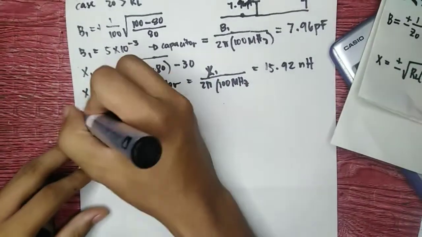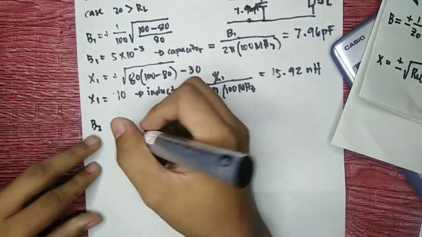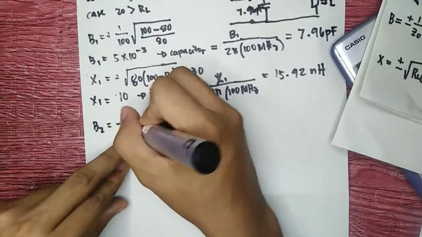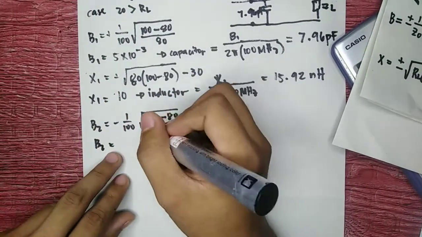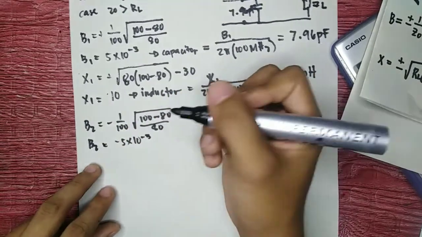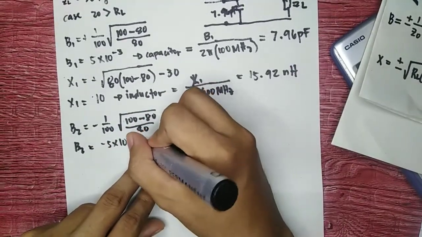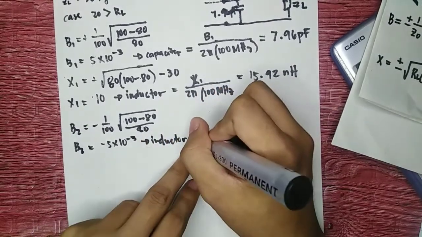So another is the negative. So B2 equals negative 1 over 100 times the square root of (100 minus 80) over 80. So B2 will be negative 5 times 10 raised to negative 3. So now this is an inductor.